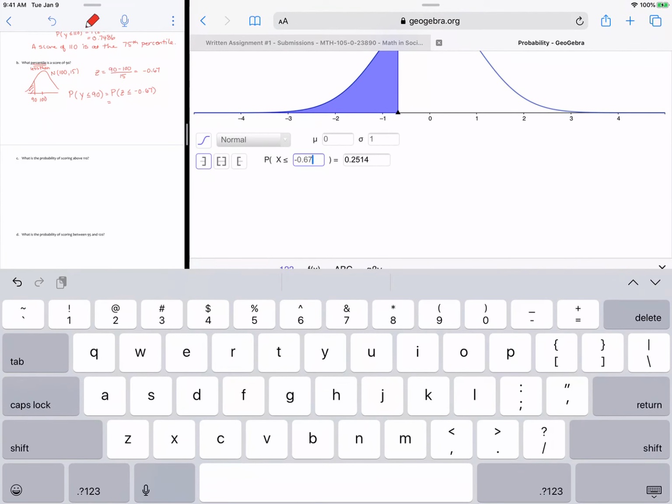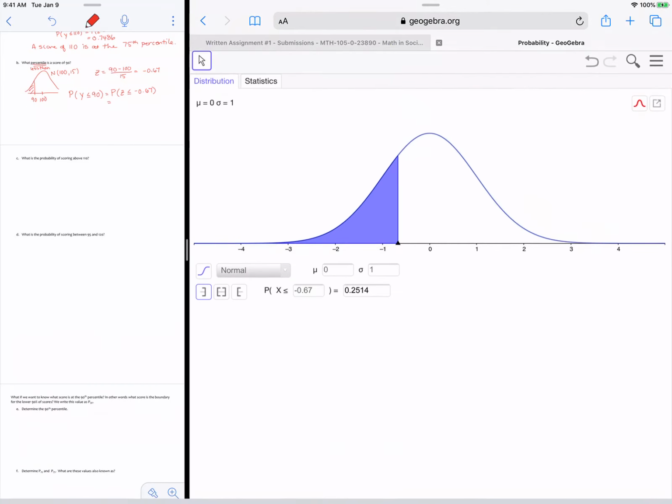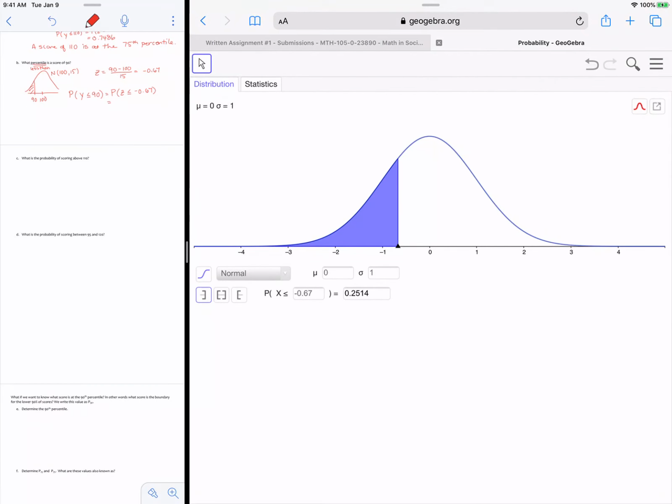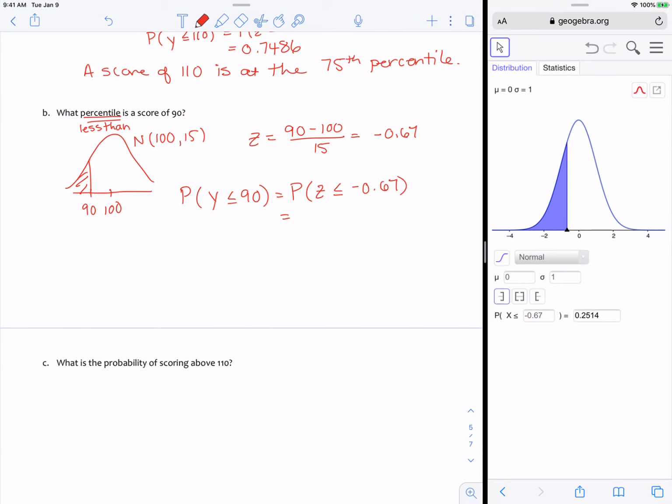And is that in the right position? Sorry, flipping back and forth there. It does look like it's in the right position now. It is showing negative 0.67, less than 0, shading to the left. All is good. So that is 0.2514. Okay, so there is about a 25% chance, or a score of 90 is at the 25th percentile.